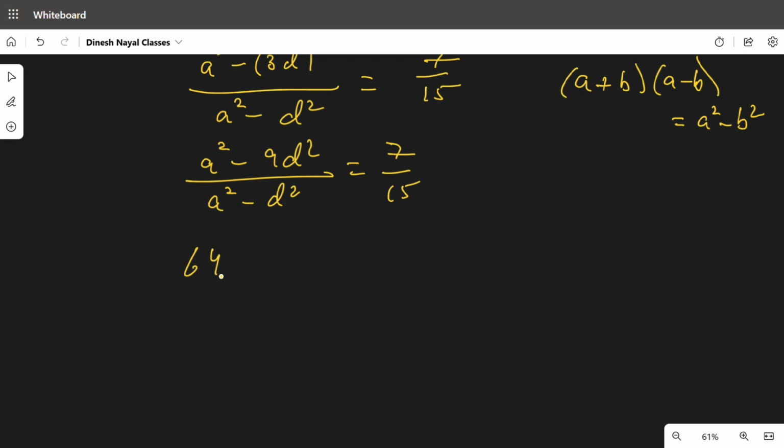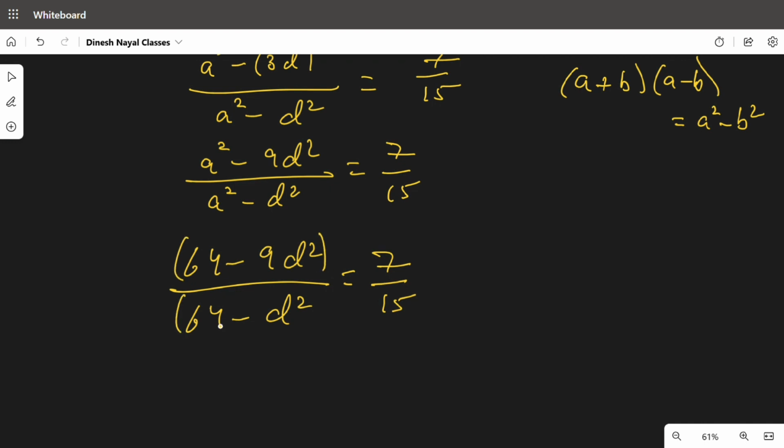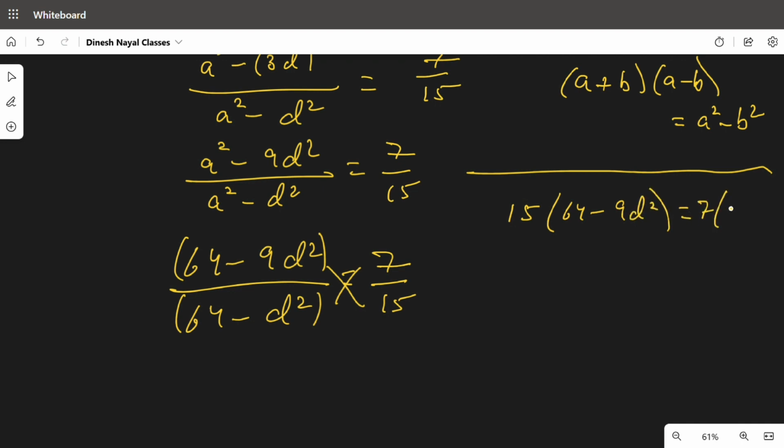So this is 64 minus 9D square upon 64 minus D square equals 7 by 15. Now we'll cross multiply, so this becomes 15 times 64 minus 9D square equals 7 times 64 minus D square.